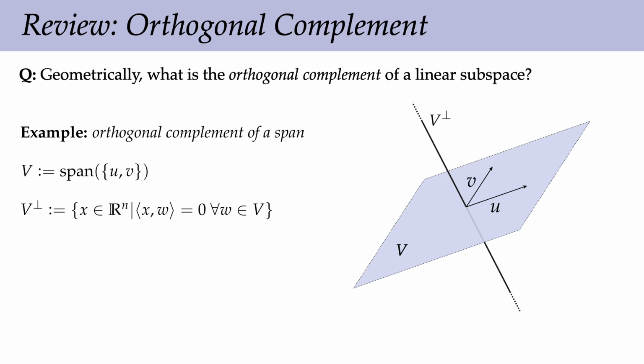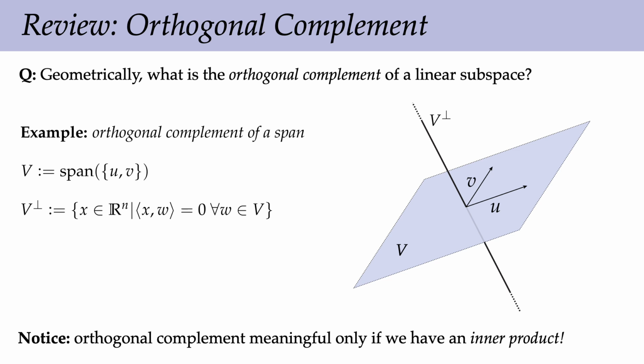In 3 dimensions, for instance, if I have this 2-dimensional plane, then the orthogonal complement is a line orthogonal to that plane. Now, by the way, one important thing to notice is that unlike the span or the wedge product, we now need some additional information to define what the orthogonal complement is. We need to pick a choice of inner product.